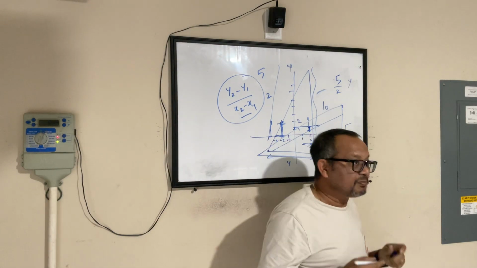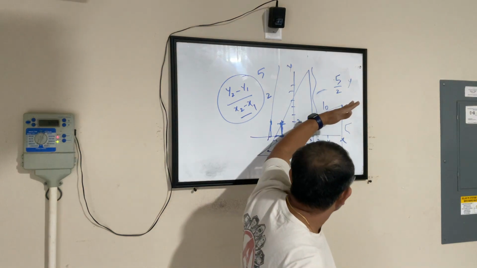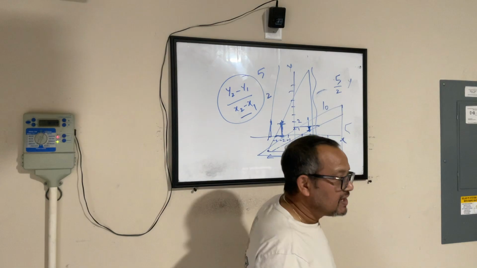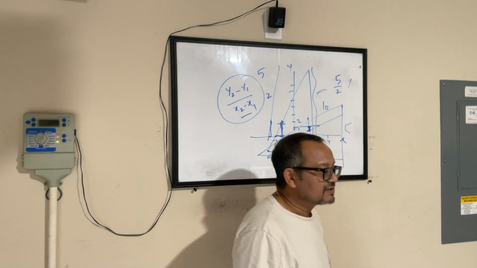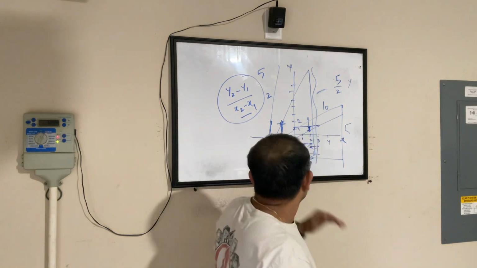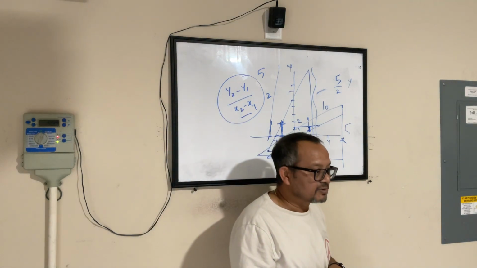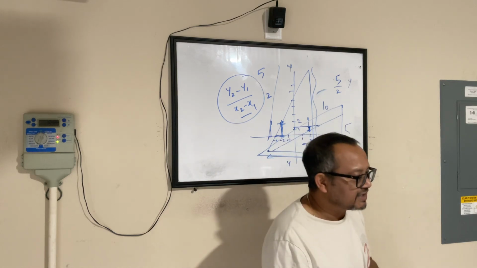So, slope, in mathematical terms, means how fast your y is changing. If your y is changing very fast for every change of x, slope is more. If your y is changing slowly for every change of x, then your slope is less. Is that an okay statement to digest?